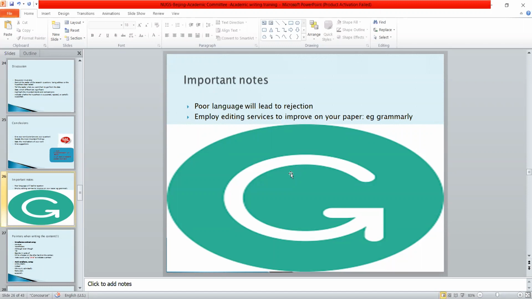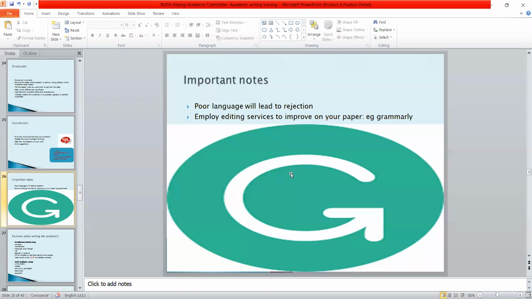So it is important that your language must be excellent, impeccable. After you finish your manuscript, it is important you look at the language. Unfortunately for us, this time, the human element is almost going out. Your poor language can lead to rejection of your paper.